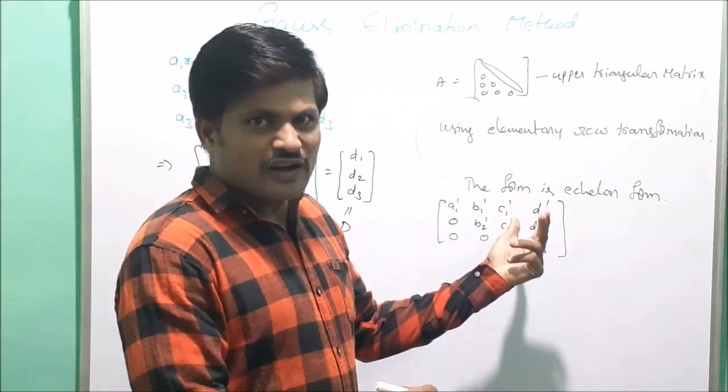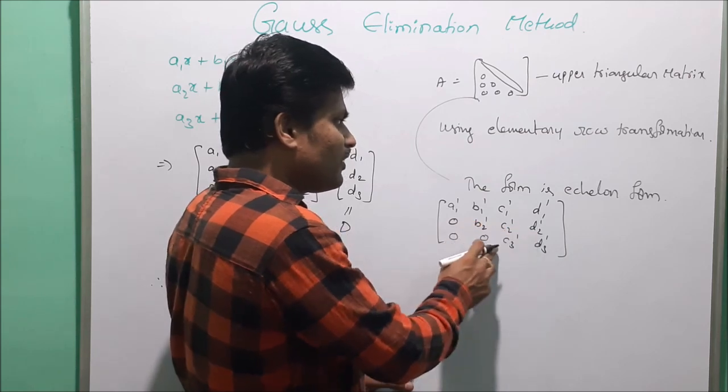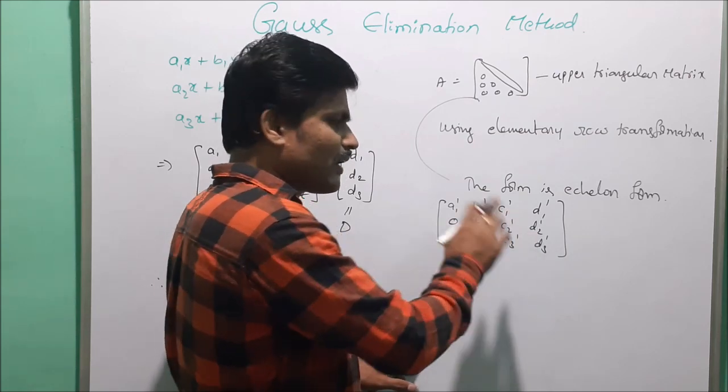Similarly 0, b2 dash, c2 dash, d2 dash, and 0, 0, c3 dash, d3 dash. So using row transformations, this augmented matrix is converted to an upper triangular matrix.